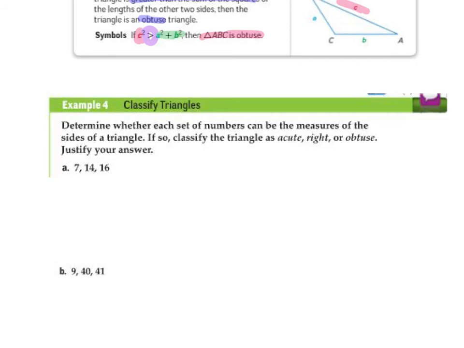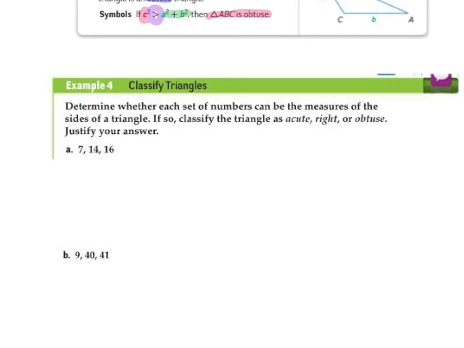Determine whether each set of numbers can be the measures of the sides of a triangle, and if so, classify the triangle as acute, right, or obtuse. First we need to determine: is it a triangle? Remember we learned about this a few units ago.